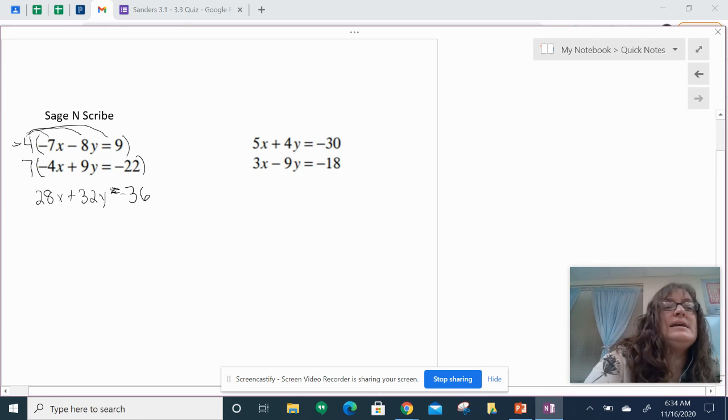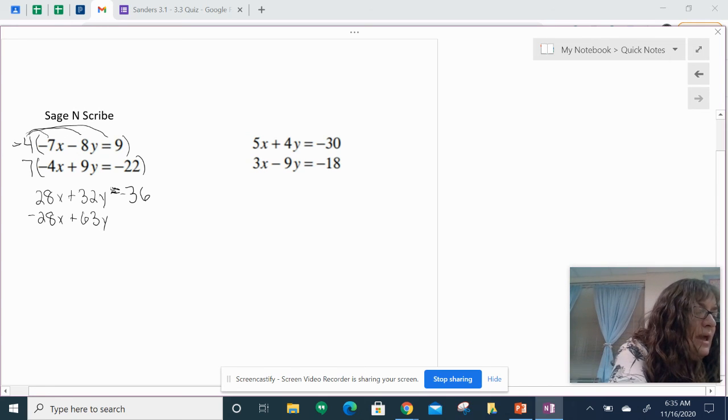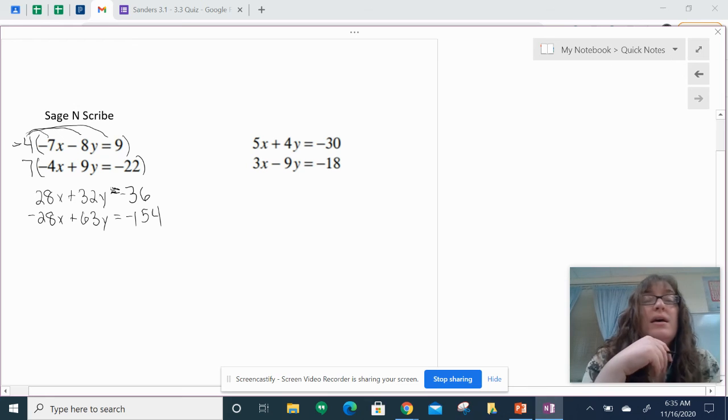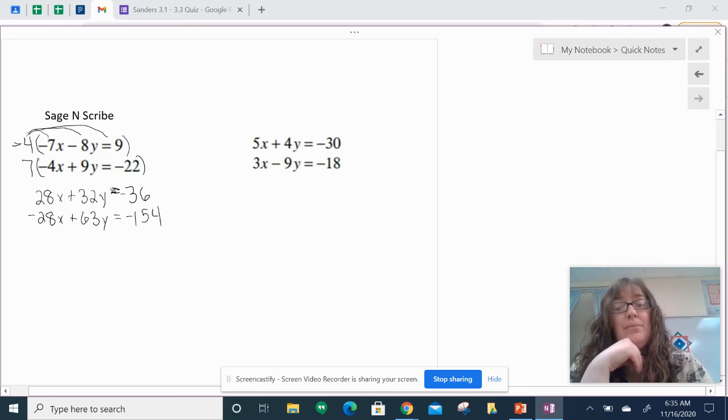Bottom equation, I take 7 times negative 4 and I get negative 28x. I take 7 times 9 and I get 63y. And finally, I take 7 times negative 22 and I get negative 154. Guys, these produce much bigger numbers, but still we can solve these problems.